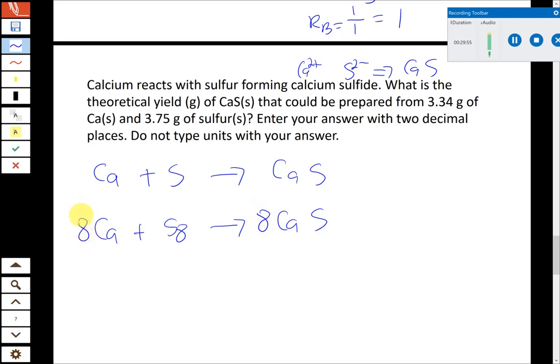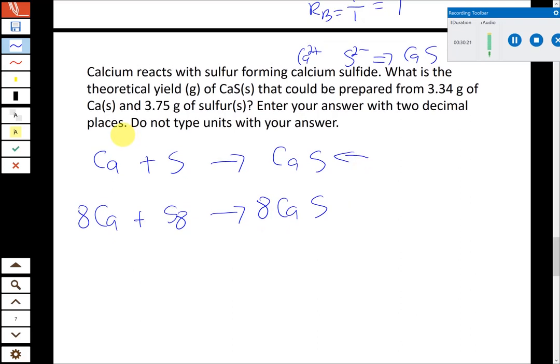It actually doesn't matter in this problem which form of the equation you use, you'll get the same answer either way. So don't worry if you used a different form. As long as it's balanced, it's going to be fine. So calcium plus sulfur going to calcium sulfide, or the more correct one here. I will use this top one just because I'm assuming that's how most of you did it, and it's fine, as I said, to do it that way for this problem.